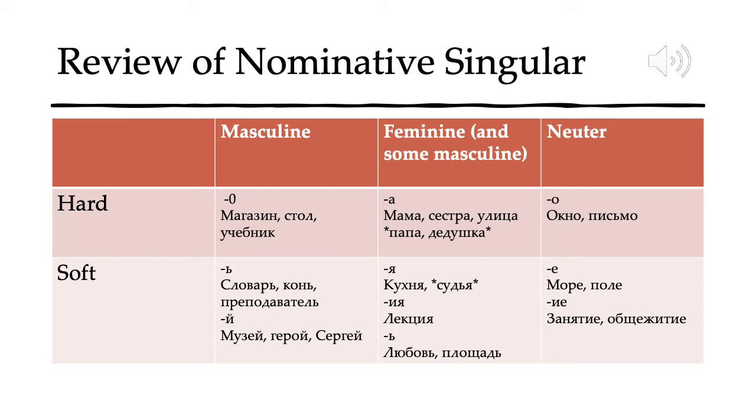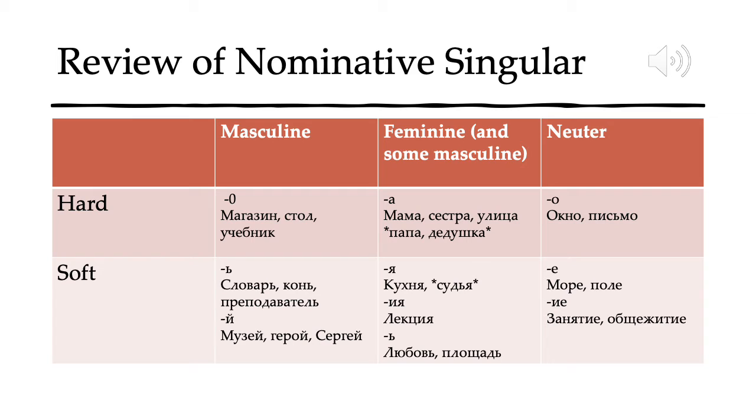And then we have soft stem nouns, such as kuchnia or судья, that end in ya. Kuchnia is feminine. Судья is one of this small number of nouns ending in ya that is masculine. These soft stem feminine nouns can also end in iya, like лекция, and they can end in мягкий знак, like любовь or площадь.